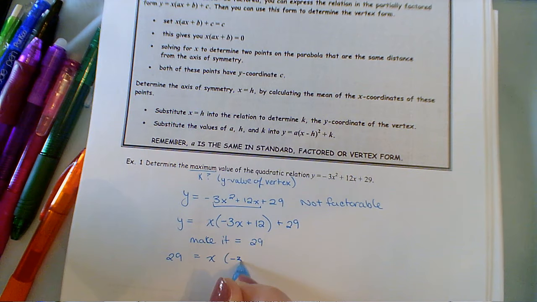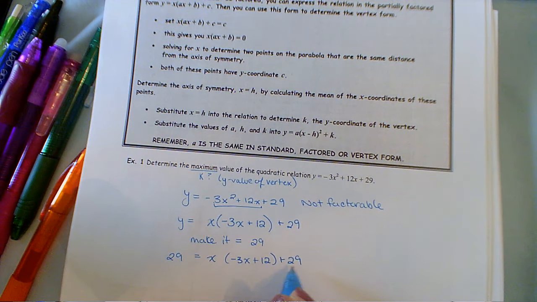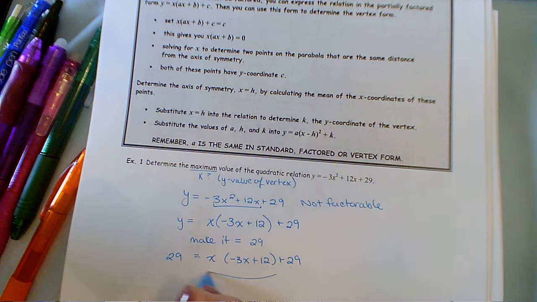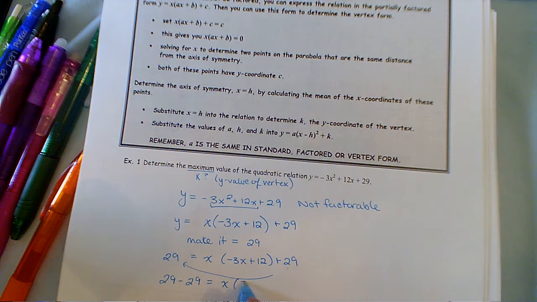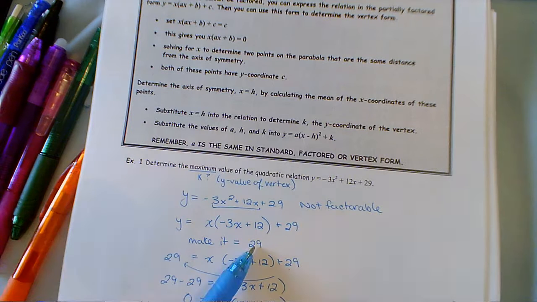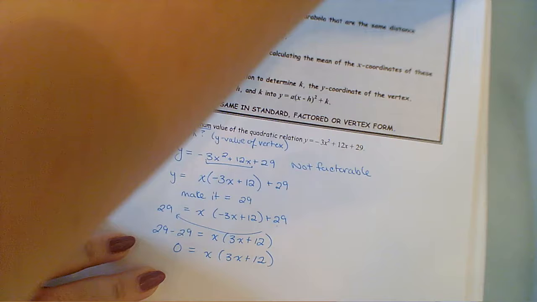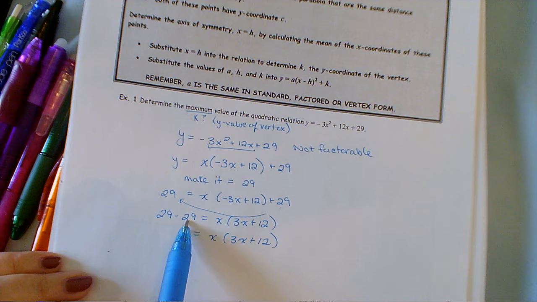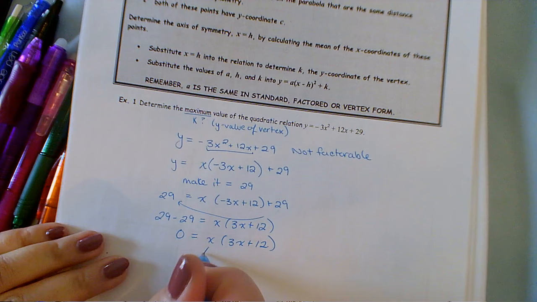When you bring this 29 over, you get 29 minus 29, which is a long way of saying get it to equal 0. I can do that because I set the height to be whatever I wanted. I'm trying to find 2 points on this parabola that happen to be at a height of 29. That's all I'm doing. So now I can solve for x here and x here.